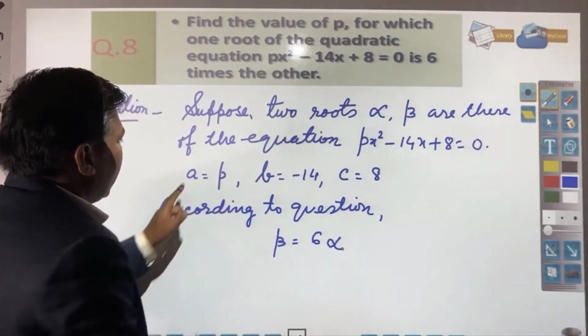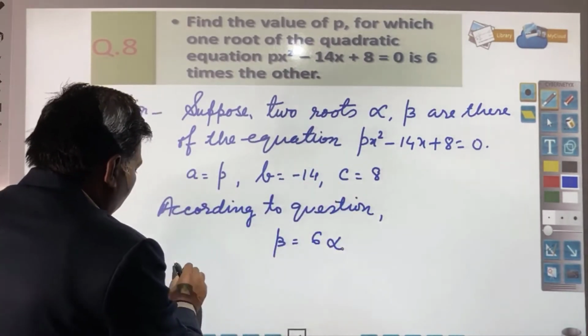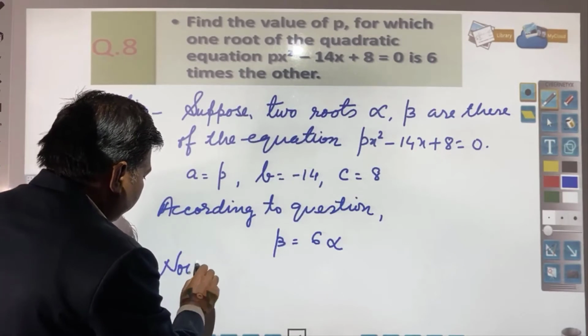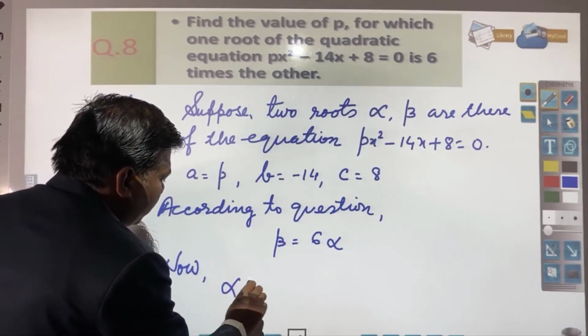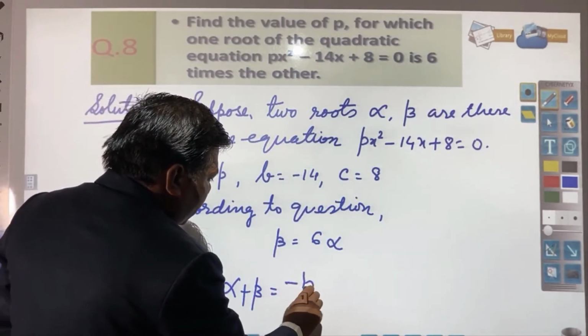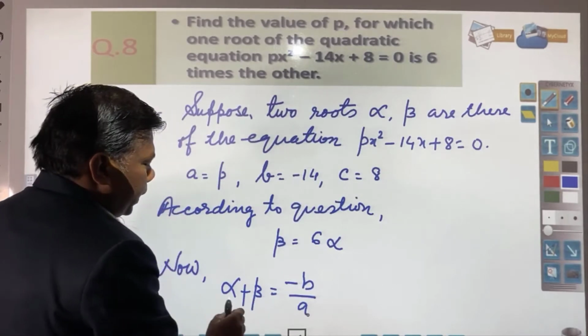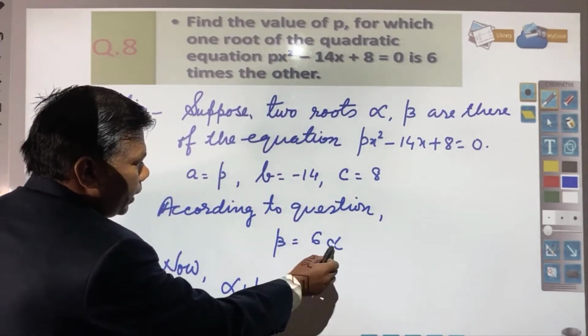You have a is equal to p, b is equal to minus 14 and c is equal to 8. We know the sum of the roots, alpha plus beta, is equal to minus b by a, and in place of beta we can write 6 alpha.